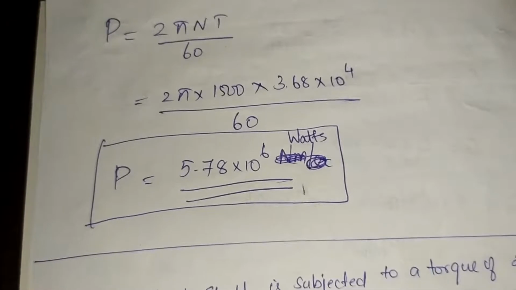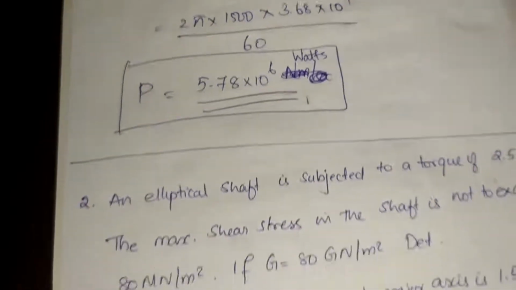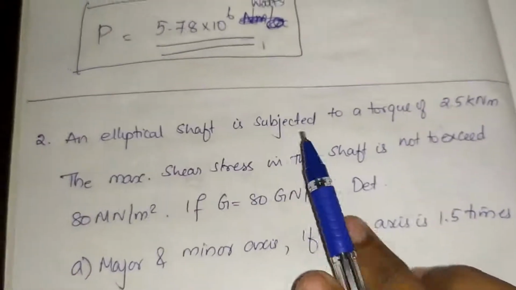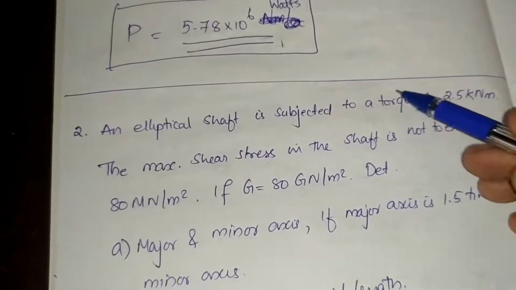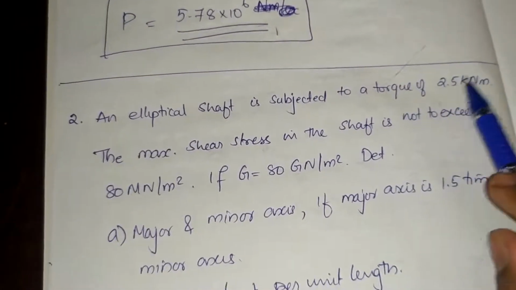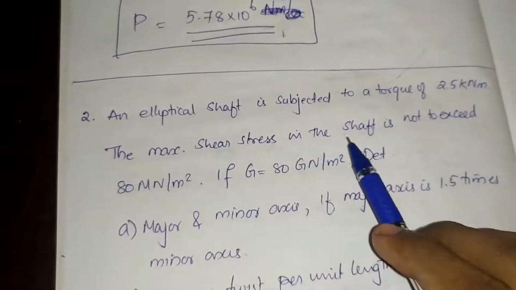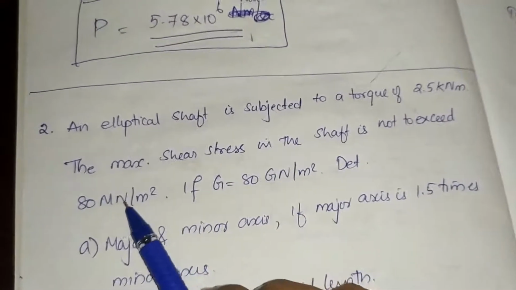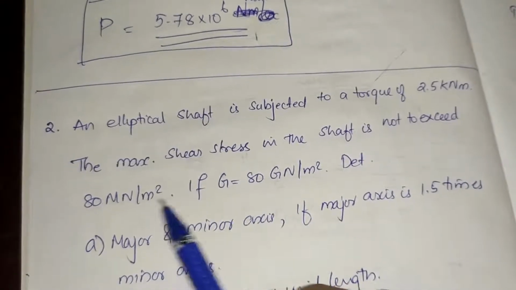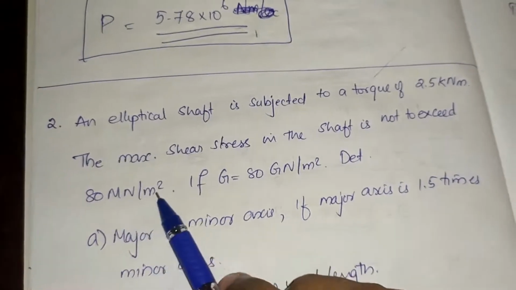Now we'll do a problem regarding an elliptical shaft. An elliptical shaft is subjected to a torque. The torque T is given as 2.5 kilonewton meter; convert it into Newton meter. The maximum shear stress in the shaft is not to exceed 80 meganewton per meter square, so convert into Newton per meter square.